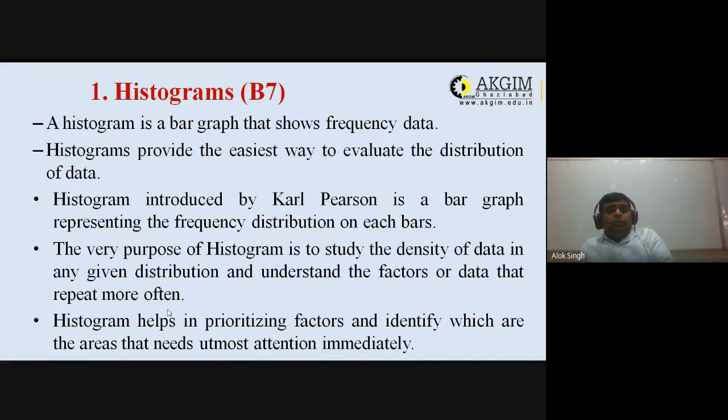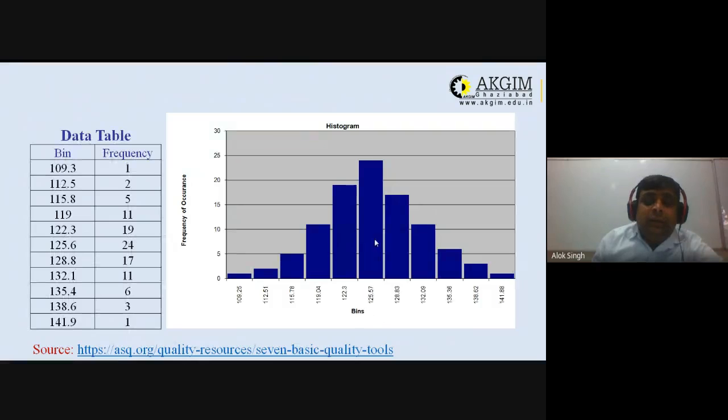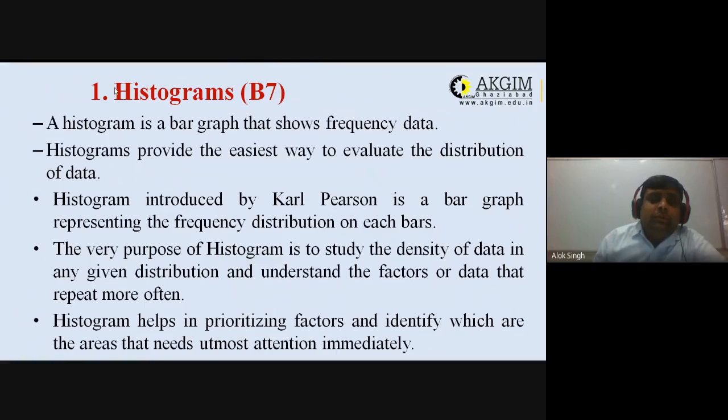Histograms help in prioritizing factors and identifying the areas that need utmost attention immediately. For example, the frequency of 125.57 is much higher, so you may identify the regions or track it. That is possible just by adopting this histogram.